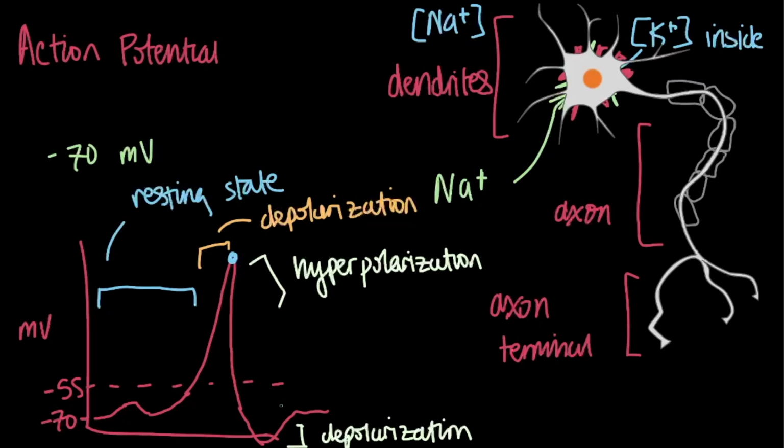And when this happens, there is this pump called a sodium potassium pump, which pumps sodium out of the cell and potassium into the cell, eventually restoring the balance at the negative 70 millivolts resting state.